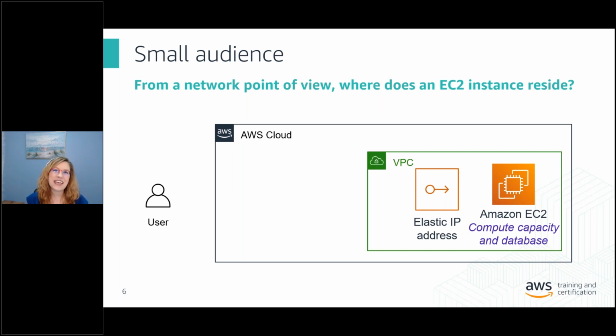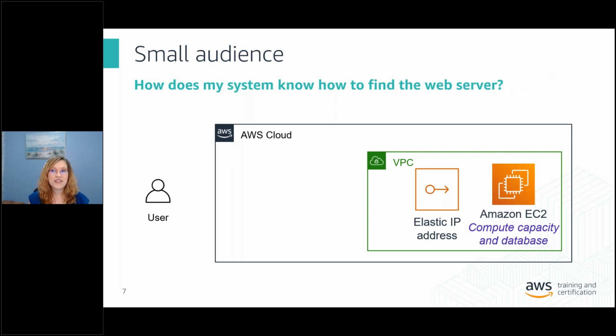Yeah, it's going to live inside of a VPC, a virtual private cloud. That's what's going to contain the EC2 instance that we are going to be using for our web application. Now, there's another step, which is, how does my computer out here on the internet know how to get to that EC2 instance? How does it know where that web application lives?